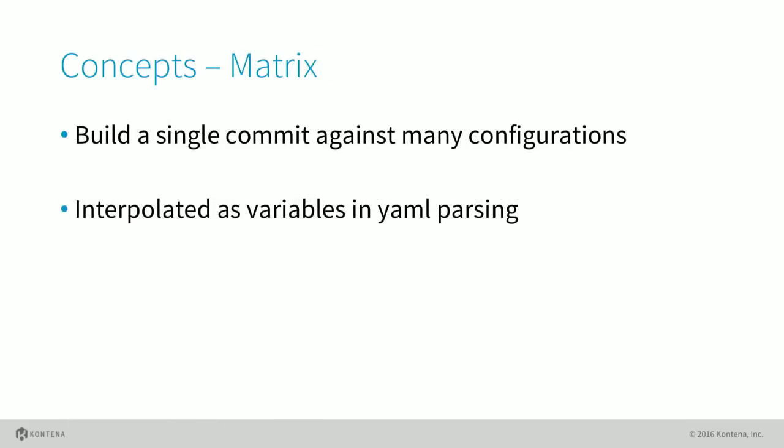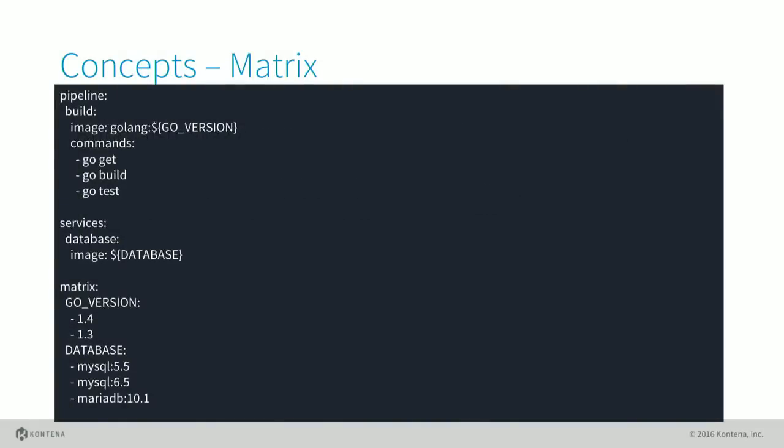So the matrix gives options to execute, for example, different Golang versions against different database versions. So in this example, I would actually execute 6 different builds. So one for each Golang version and MySQL version combination.